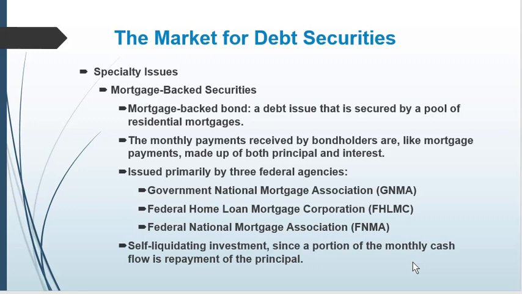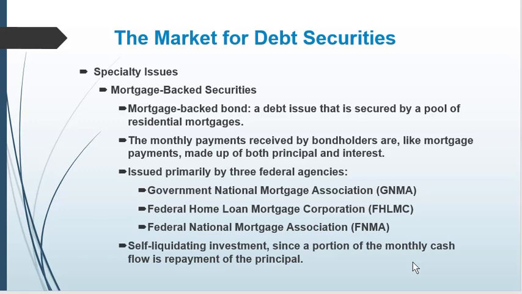So a person who buys a mortgage-backed security is also going to get a monthly payment. And again, part of that is the interest earnings, and part of that is the return of principal. So this is also what's referred to frequently as a self-liquidating investment, because every month part of the payment goes to pay off principal and part of it goes to pay interest.